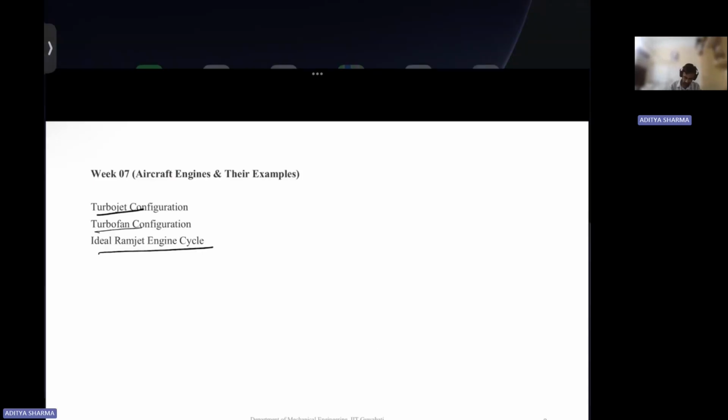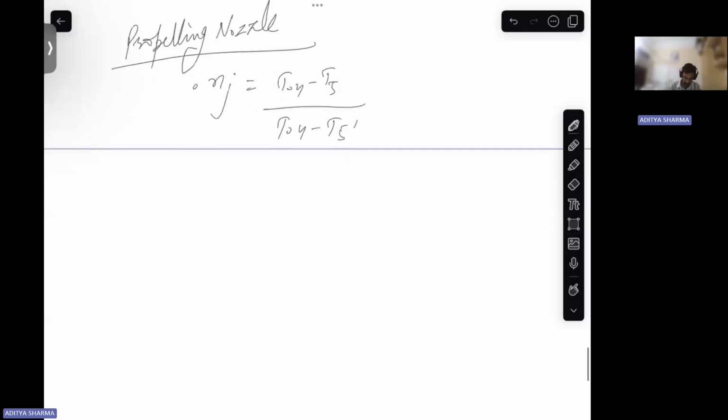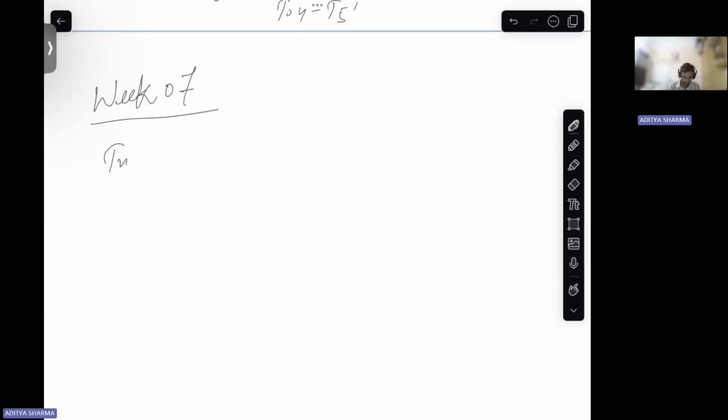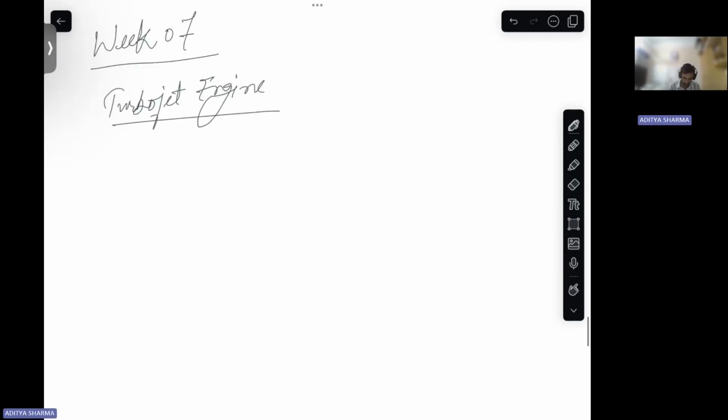So I'll just draw the schematics of these different engines. First we'll have a turbojet engine. It will have an intake, then a compressor, then a combustion chamber.